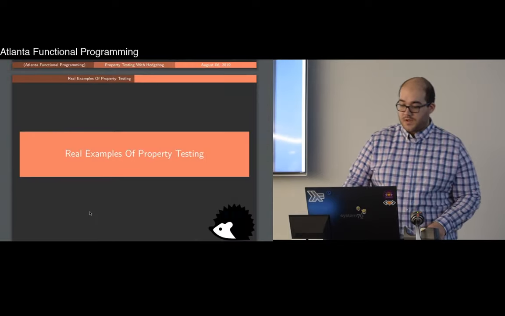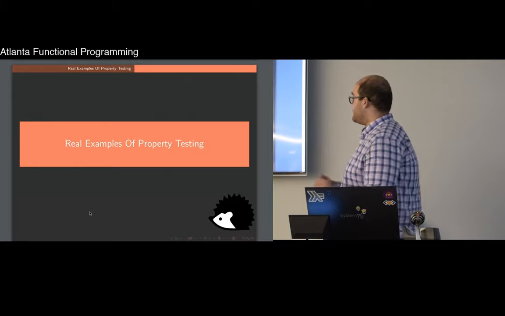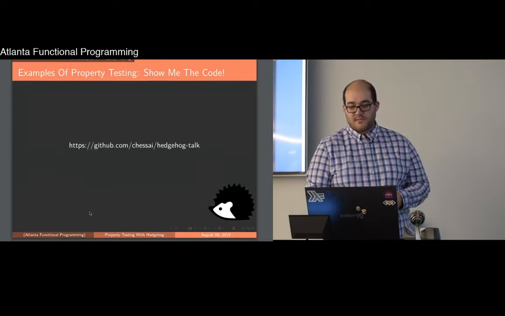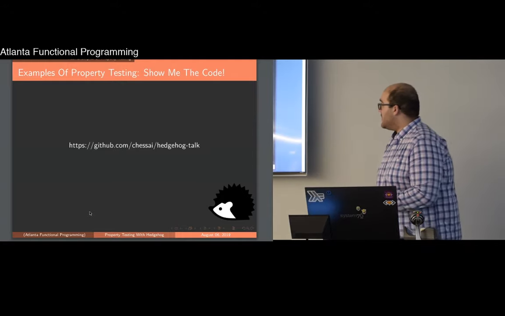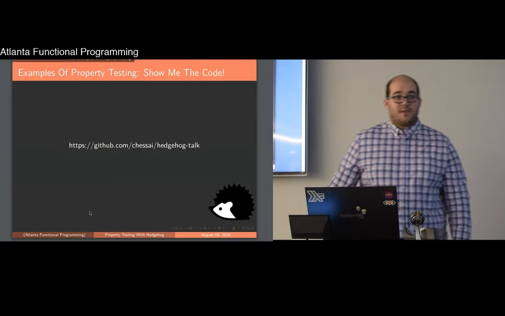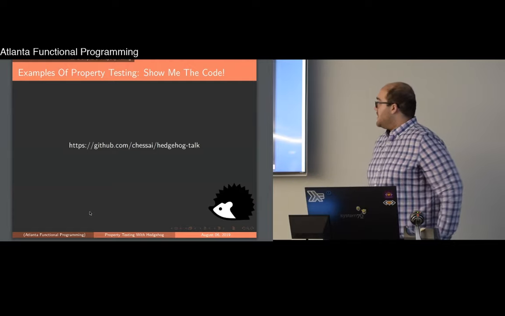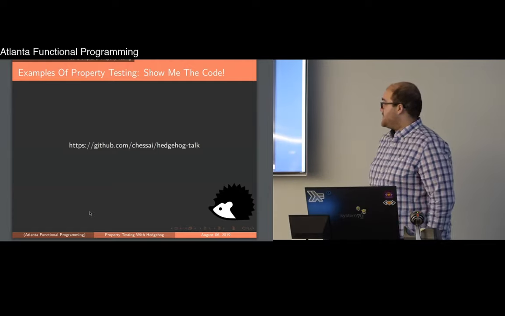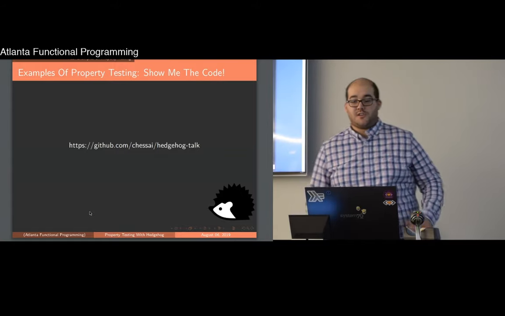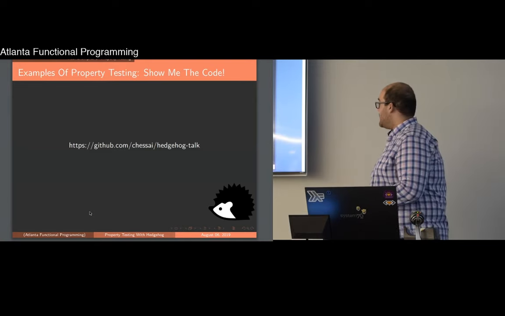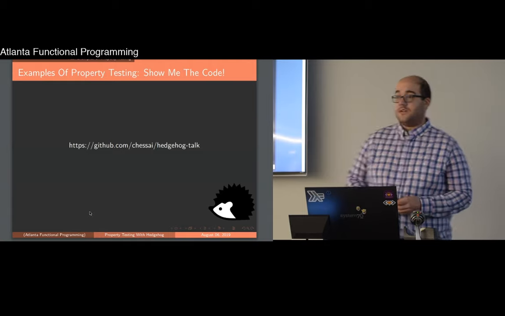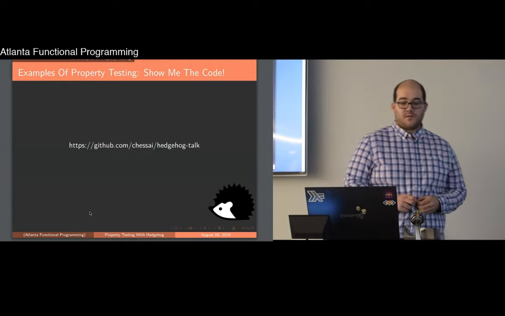Okay. So I'm going to show you real examples of property testing. This is going to be less talks and slides and more actual code. I do have a GitHub link, however you want to get that, if you're using Git or whatever. It's https://github.com/chessi/hedgehog-talk, and you will find code there.